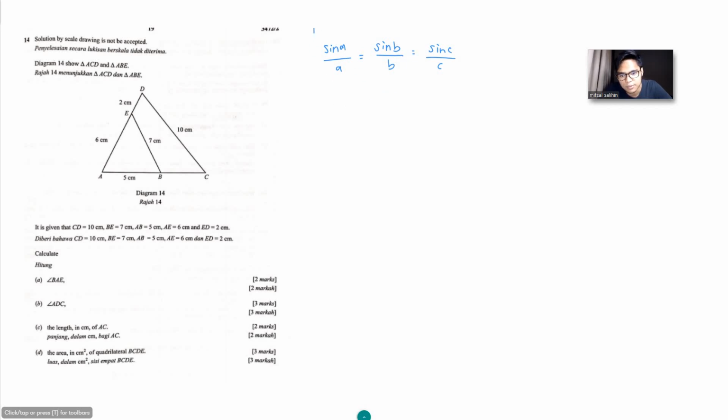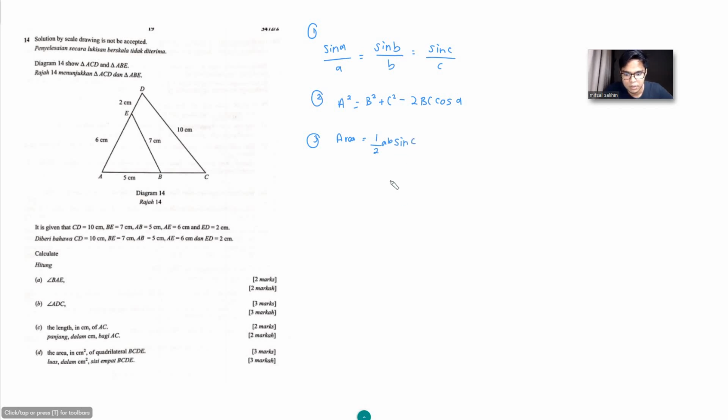The second formula is A square is equivalent to B square plus C square minus 2BC cos A. The third formula is an area formula for triangles. Area is equivalent to half AB sin C.